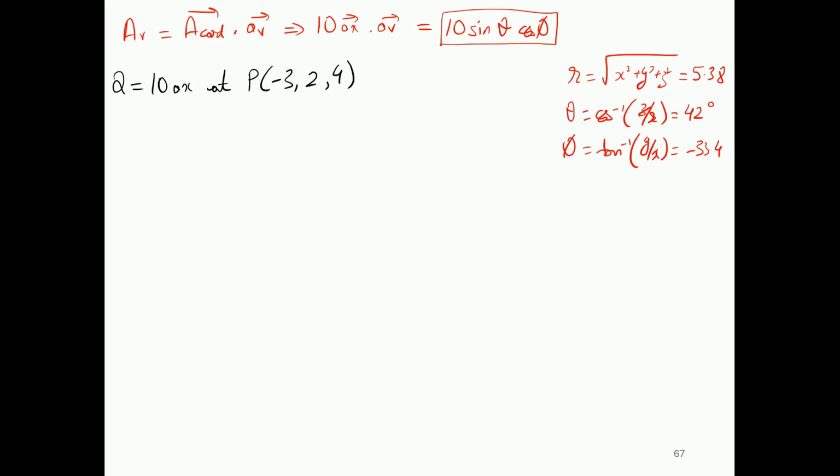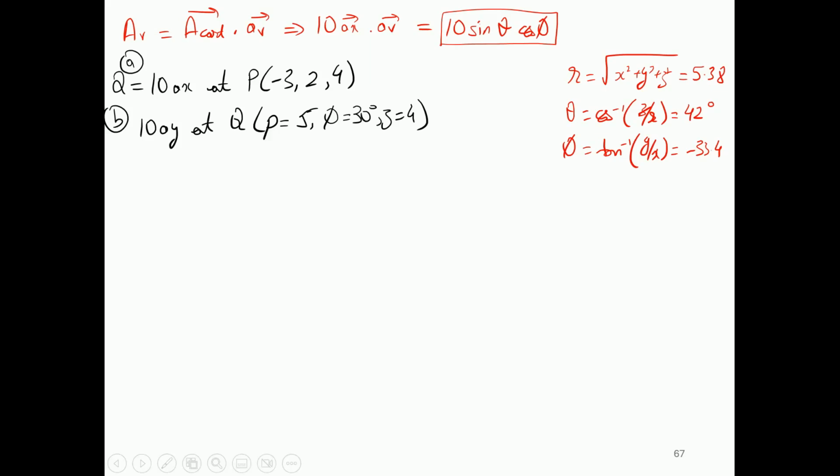This was the first part of the question, and the second part of the question is you are at 10 ay at point rho equal to 5, phi equal to 30, and z equal to 4.